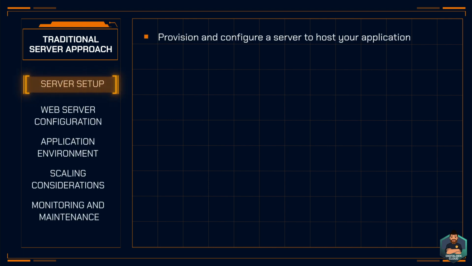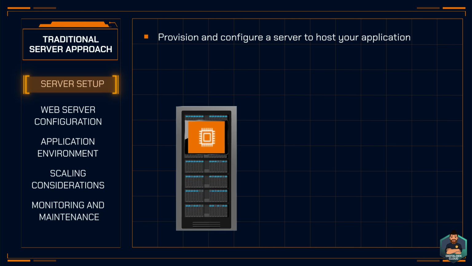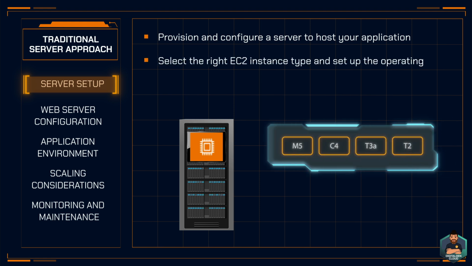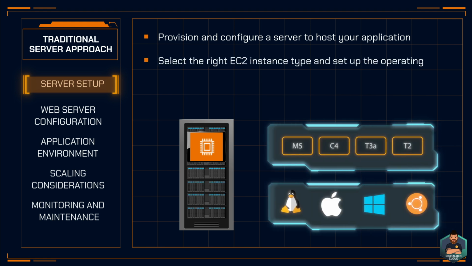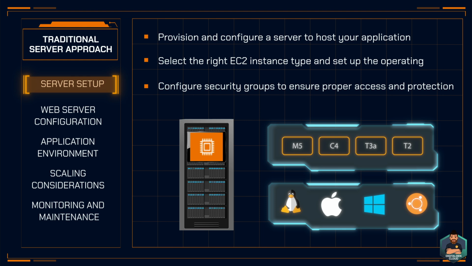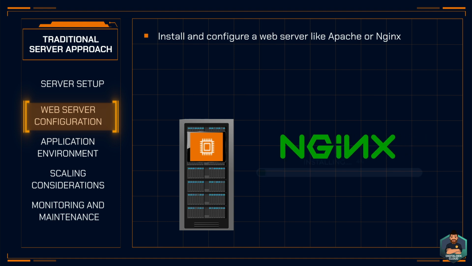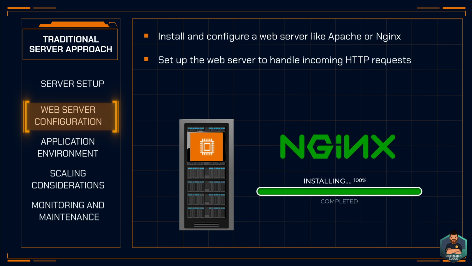You would need to provision and configure a server, such as an EC2 instance, to host your application, which involves selecting the right instance type, setting up the operating system, and configuring security groups. You would also need to install and configure a web server, such as Apache or Nginx, to handle incoming HTTP requests.